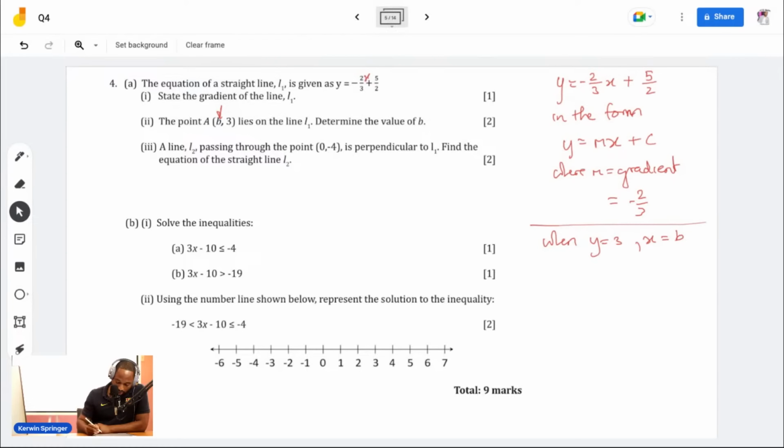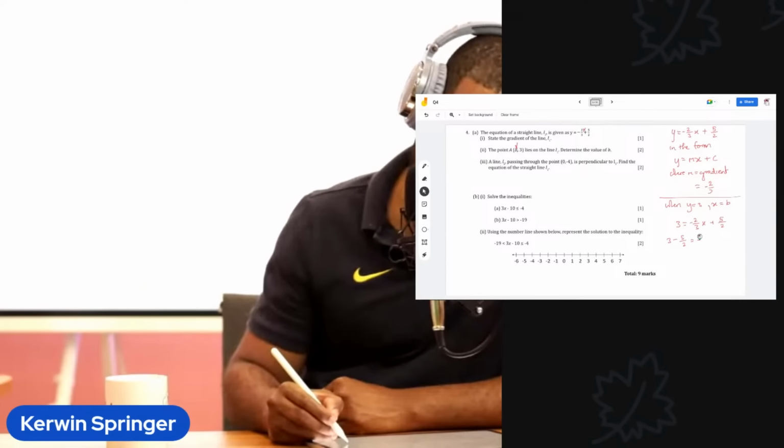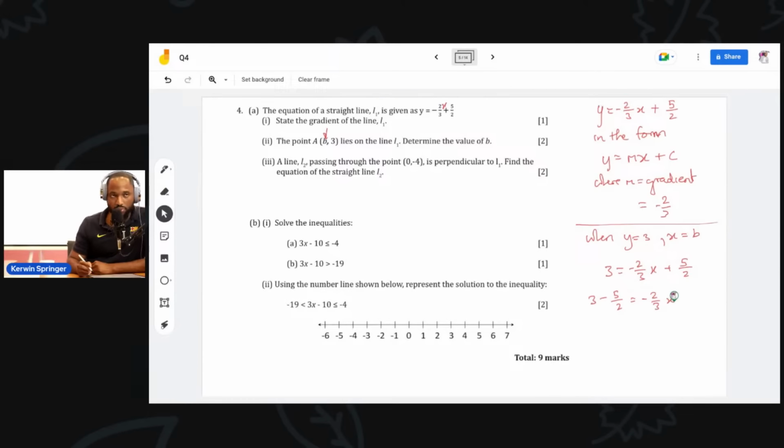So instead of writing y, I will write 3 is equal to negative 2/3 x plus 5/2. So 3 minus 5/2 is how much? 5/2 is 2.5, so 3 minus 5/2 is 0.5, or a half. 3 is actually 6/2, so 6/2 minus 5/2 is 1/2. That is equal to negative 2/3 x.